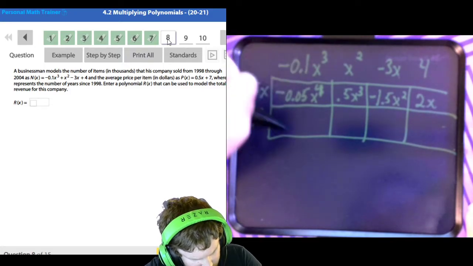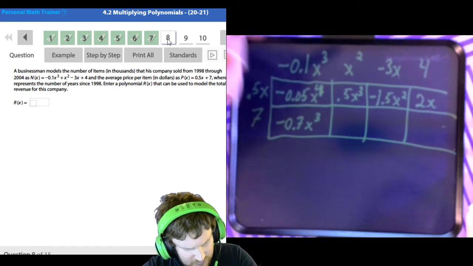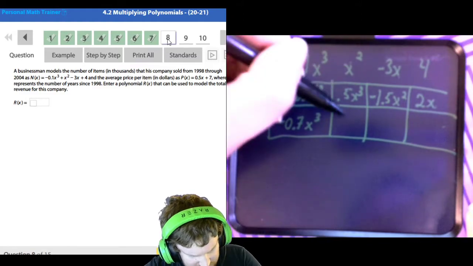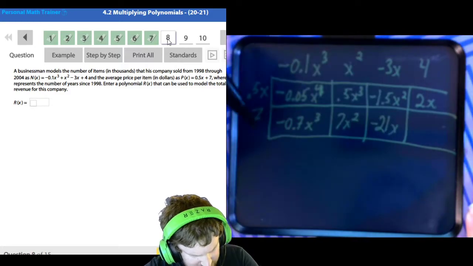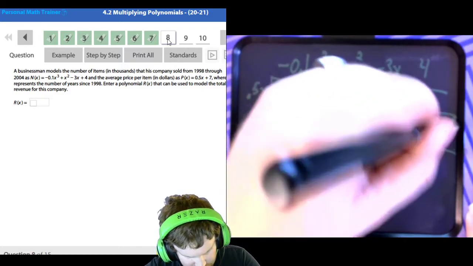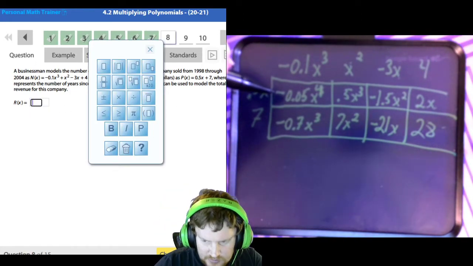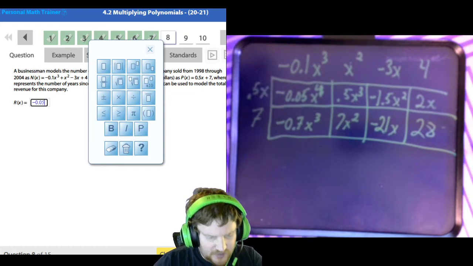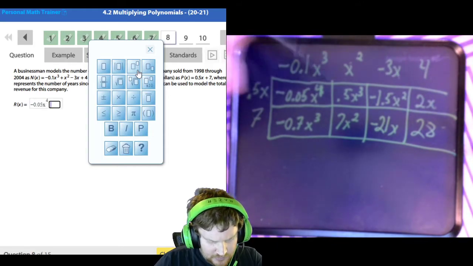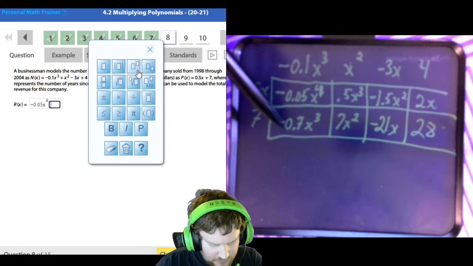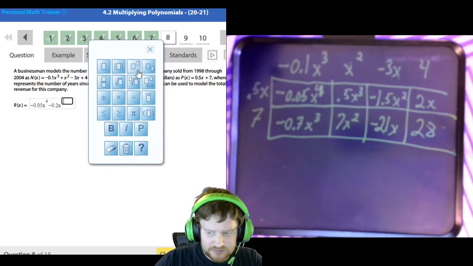7 times negative 0.1 is negative 0.7 x cubed. This is 7x squared. This is negative 21x. And this is just 28. So my model is negative 0.05x raised to the 4th power, then negative 0.2 x cubed, since negative 0.5 minus 0.7 is negative 1.2 if combined carefully.